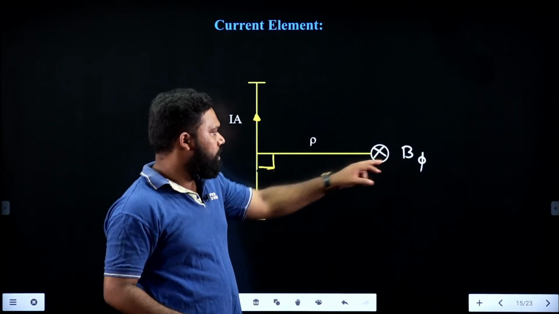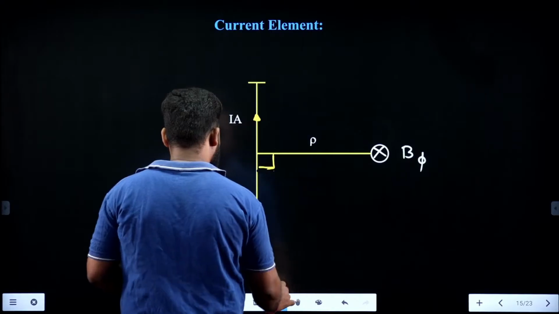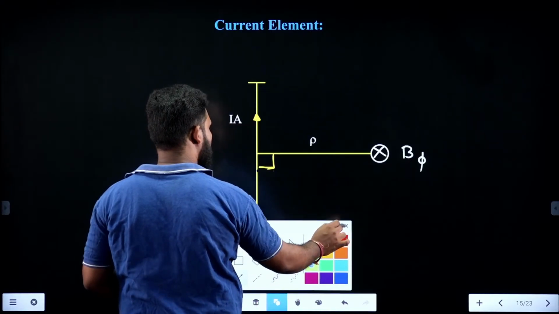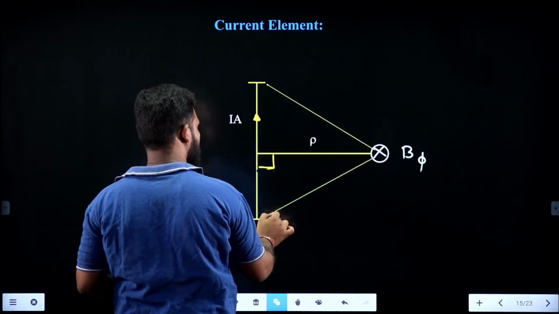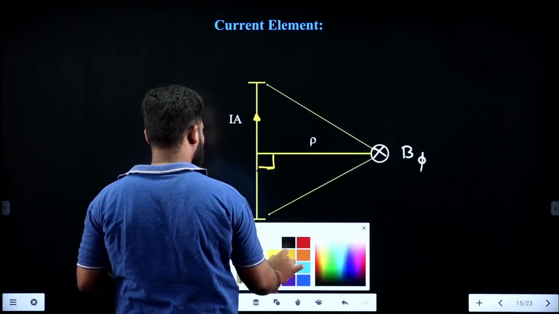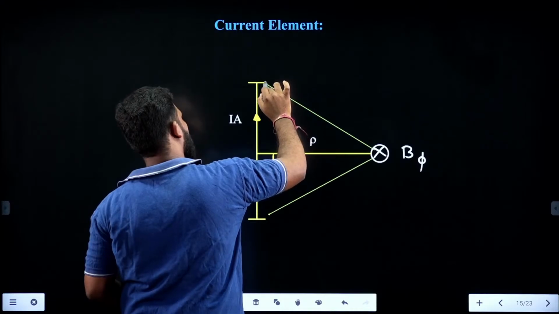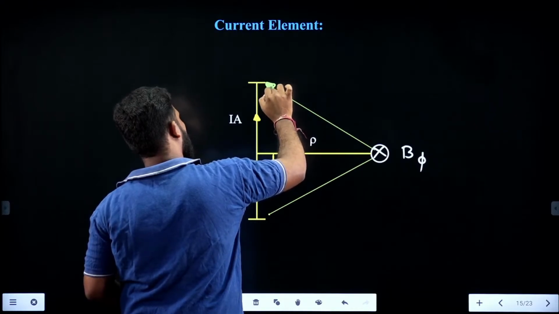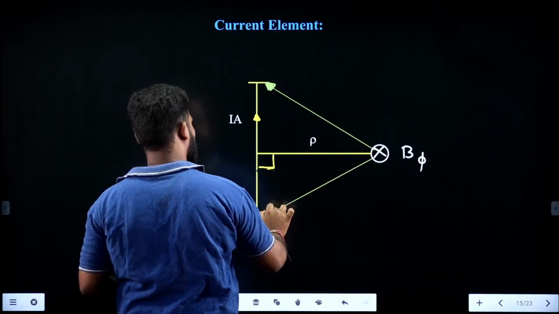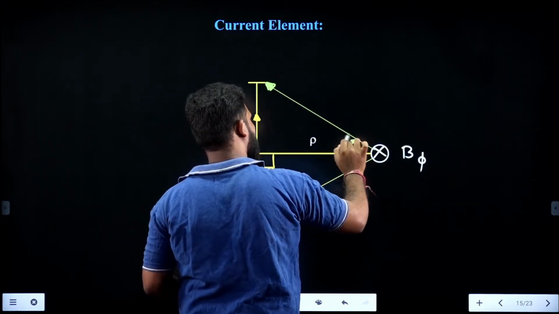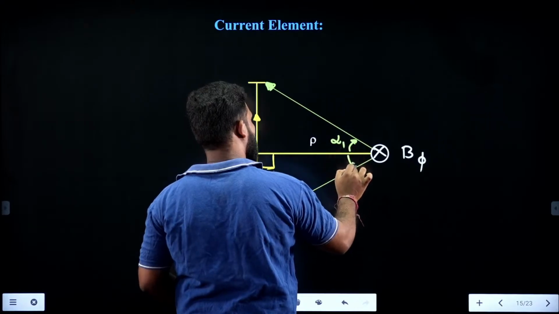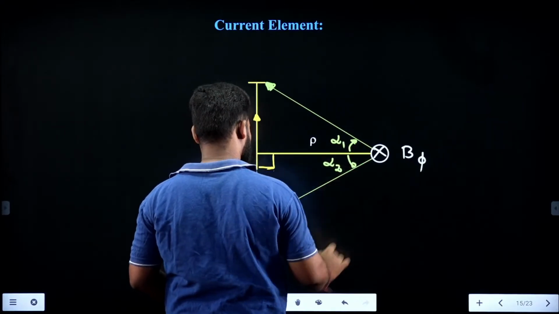After some derivation, you get an expression which depends on the angles made with respect to the corners. Let us say this angle is alpha 1 and this angle is alpha 2.